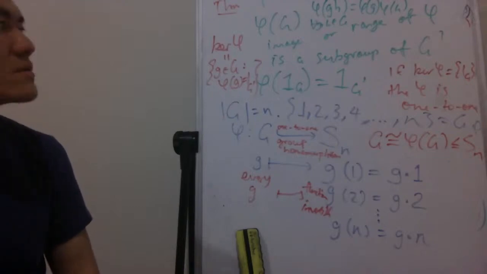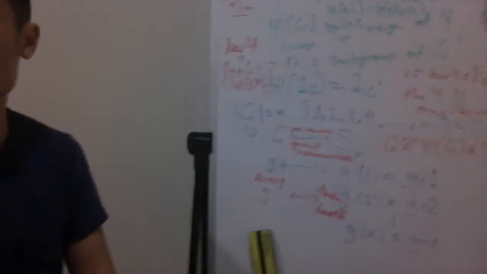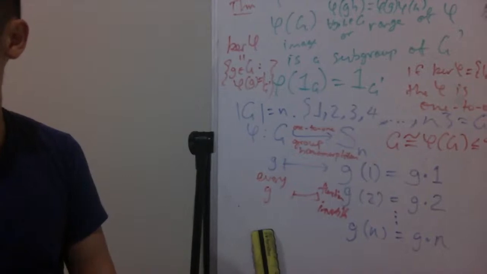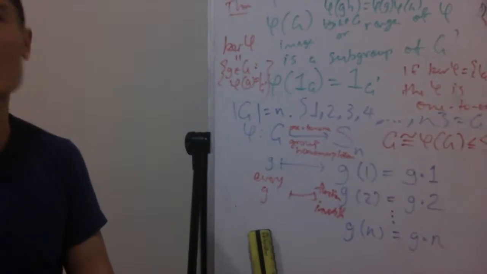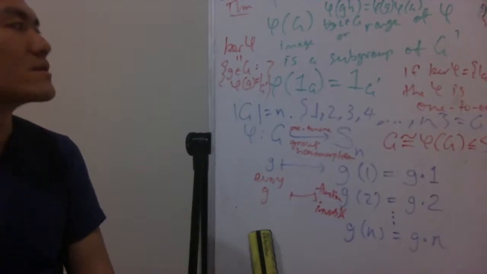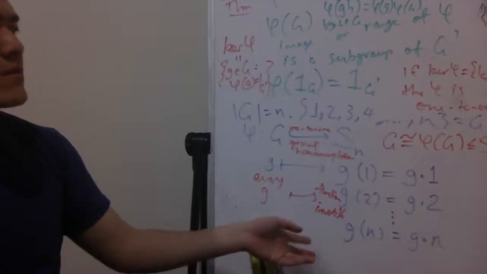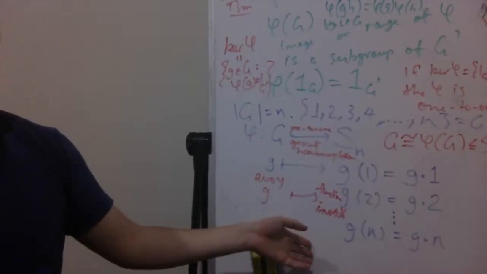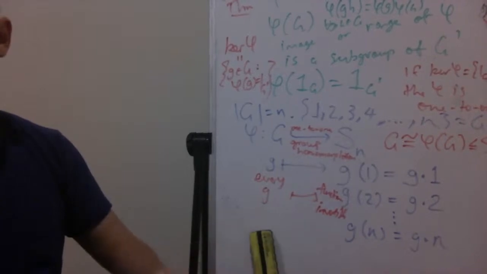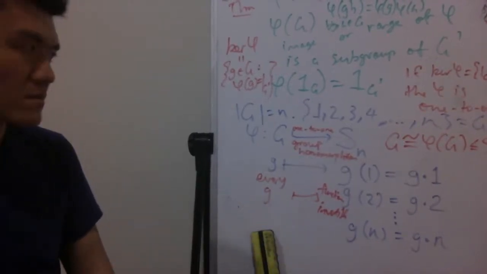Sn is functions on a finite set, and the fact that we label them 1 to n is just convenience. Maybe in general, infinite groups are all isomorphic to a subgroup of invertible functions on some infinite set, right? Okay.